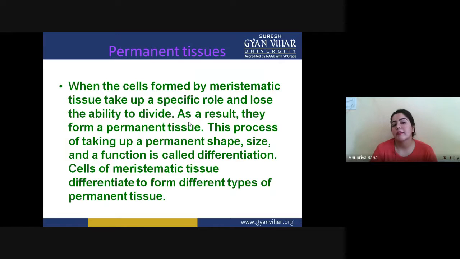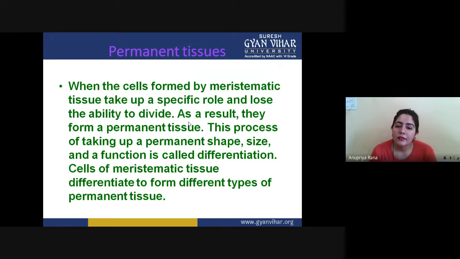Now, as these meristematic tissues start the growth of the permanent tissue, the cell formed by the meristematic tissue takes up a specific role and loses the ability to divide. So, initiation of the permanent tissue: when a meristematic tissue converts into permanent tissue, the very first thing is that they lose the ability to divide.